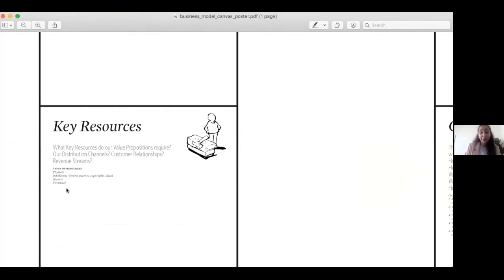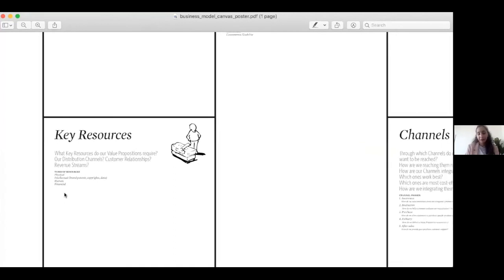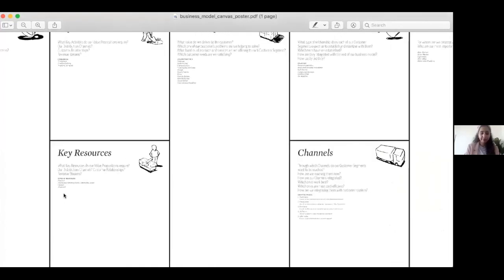A key resource could be that you need a really great CRM system, or you need a really great accounting system, for example. Okay, that's a key resource that you would need to help deliver your value proposition. Okay.